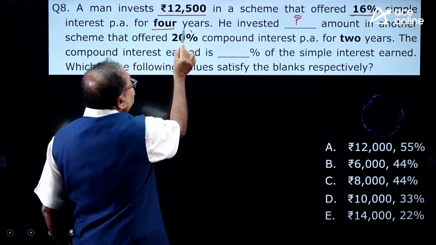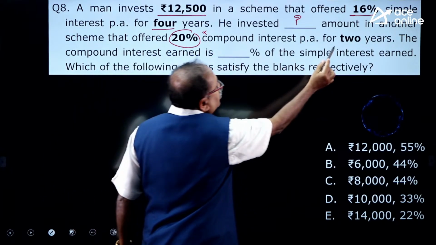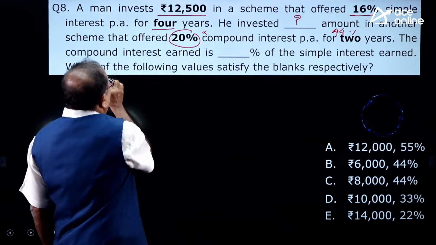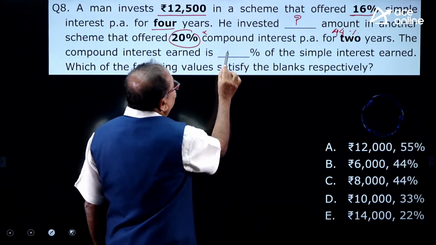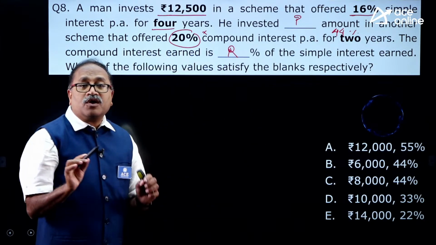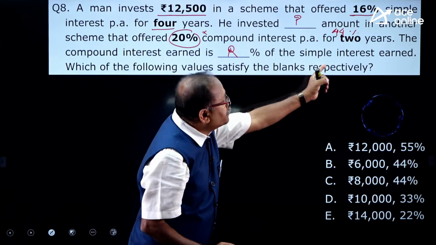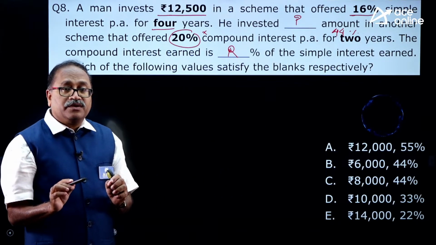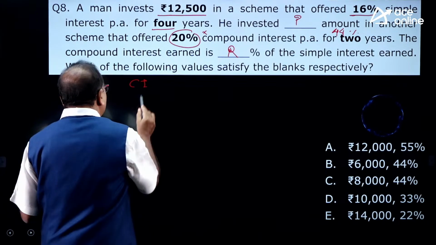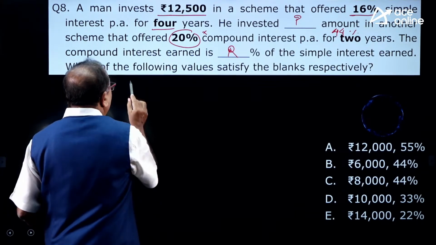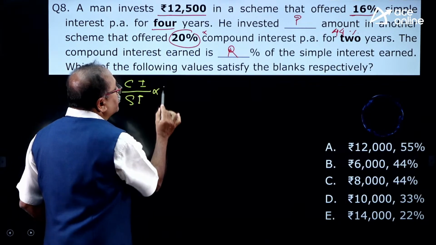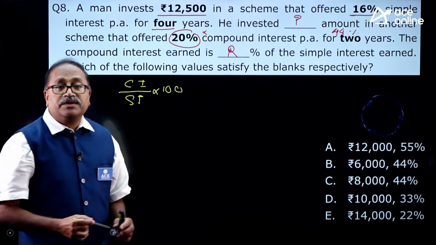We know that with 20% compound interest for 2 years, it will become 44%. The compound interest earned is R% of the simple interest earned. So compound interest by simple interest into 100, that is R percentage.